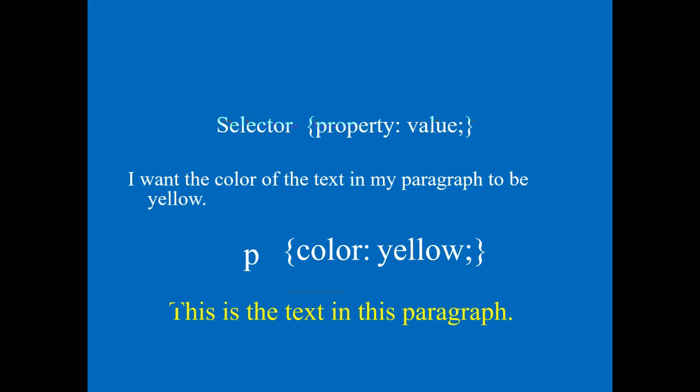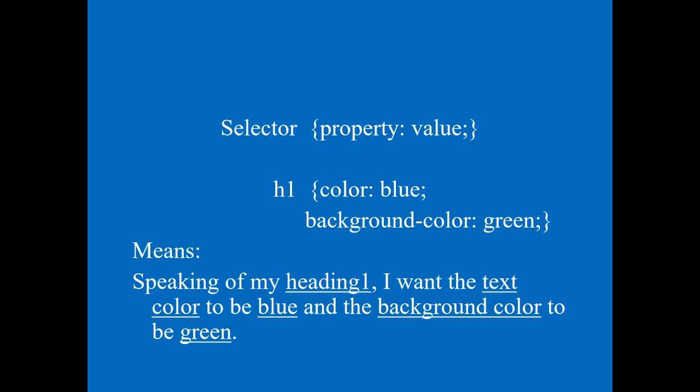Okay, like this I also want to change the background color. Color and background color are different. Color means the font color, and background color means the background color of that text. So here I am writing two values together. For a single selector you can add n number of property values.